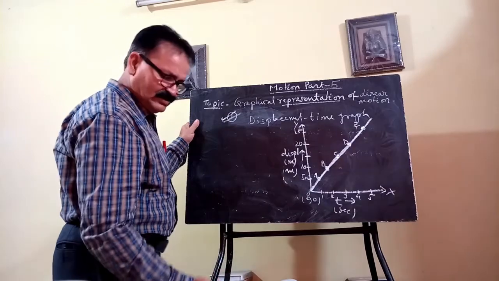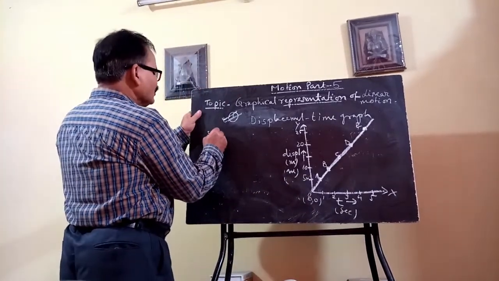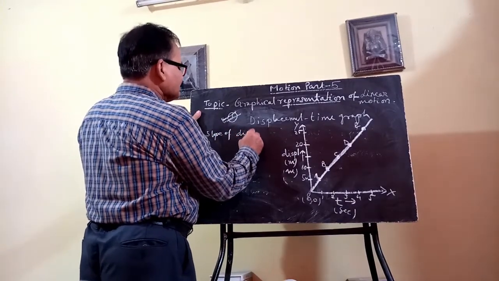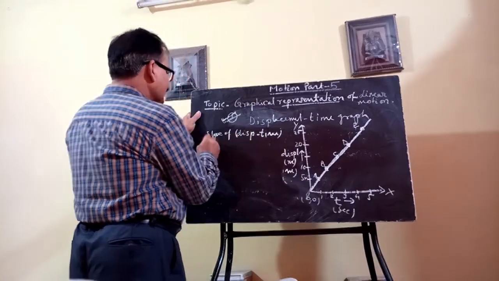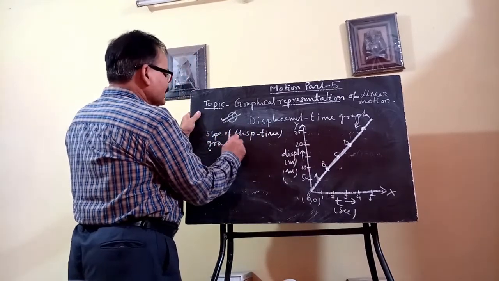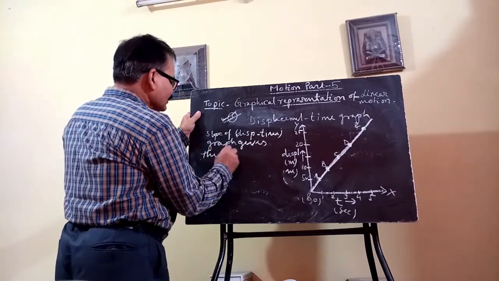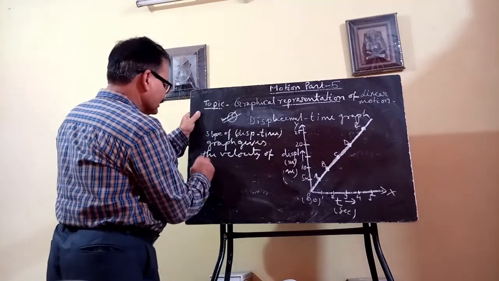For finding the velocity from this displacement time graph, the slope of the displacement time graph gives the velocity of the body.